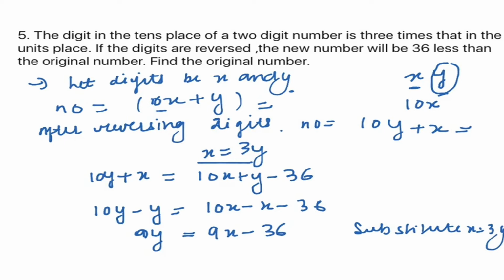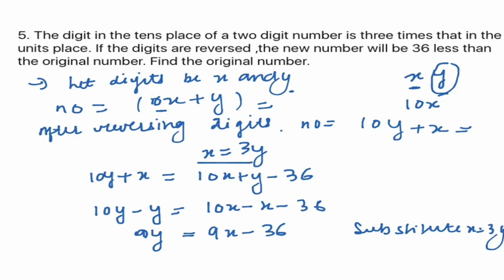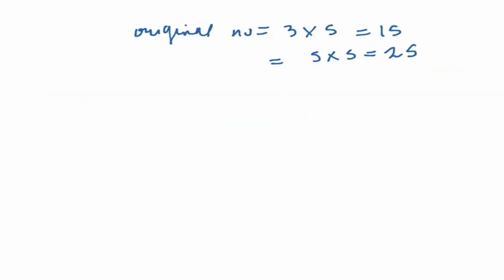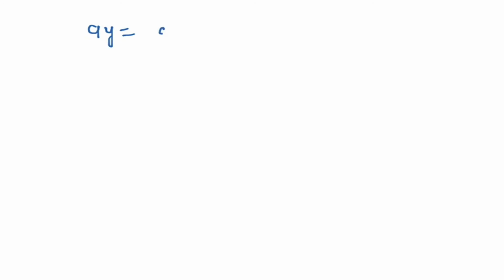Now our equation will become 9y is equal to 9x. It means 9 times 3y minus 36. So it will become 9y equals to 27y minus 36.